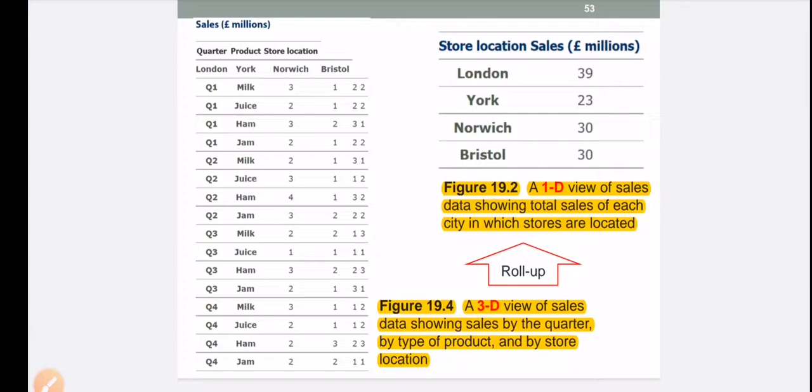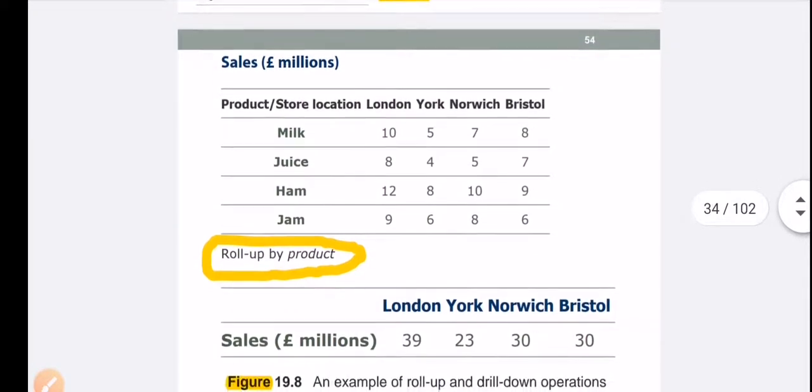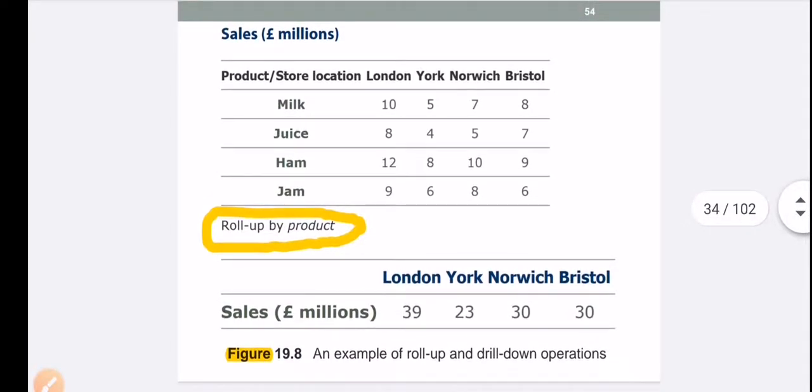Okay, so this is the process of aggregation from 3 dimensions to 1 dimension through the process of rolling up. What about this? It is rolling up. You can see that the first view has some details, but the second view has less details, so it is rolling up.